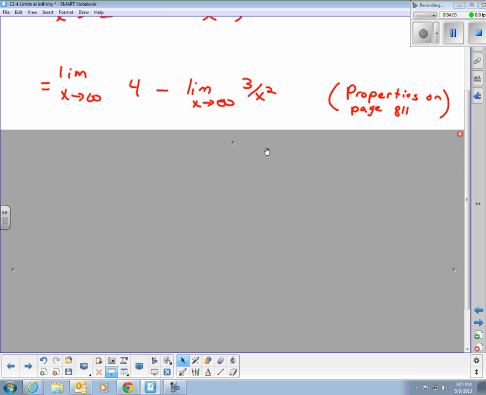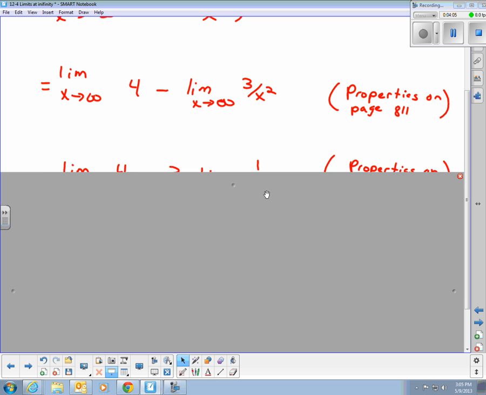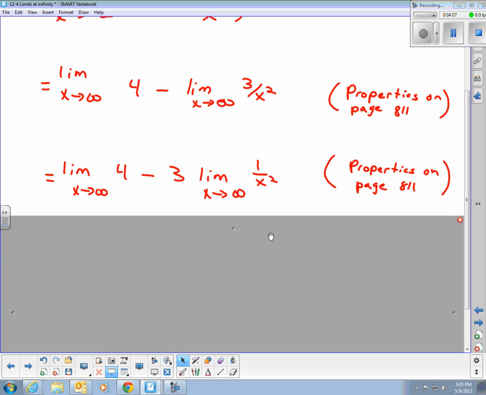We're also going to use another property found on page 811 that says I can pull the 3 out of the numerator and put it out front. It's a scalar multiple, so we're left with the limit as x goes to infinity of 4 minus 3 times the limit as x goes to infinity of 1 over x squared.